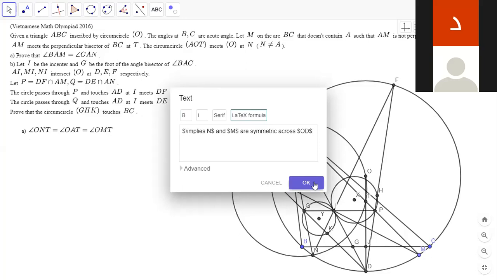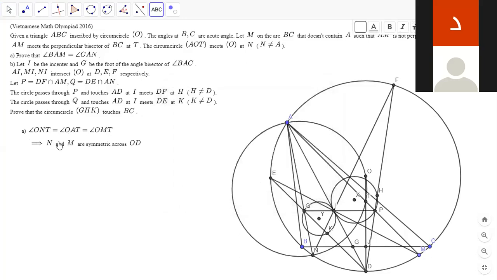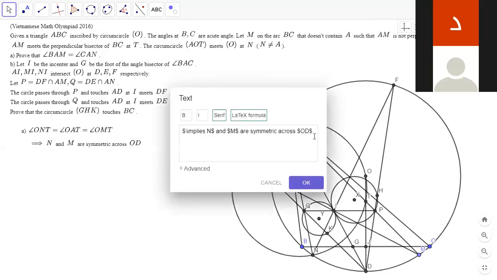Once we know that, that means that BN equals CM, which means those two angles are equal.